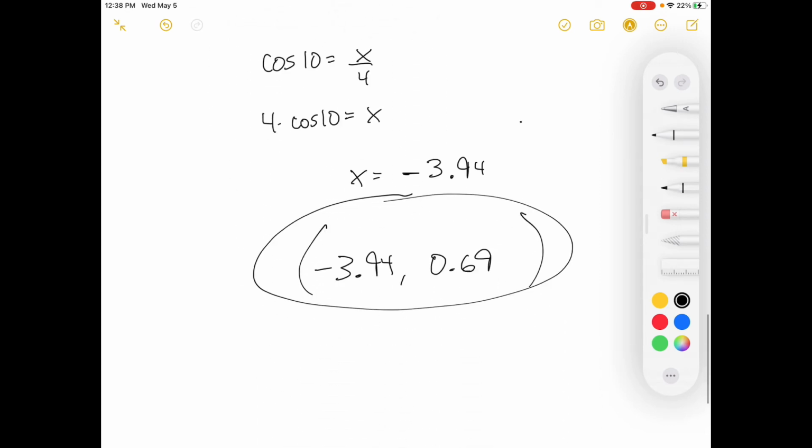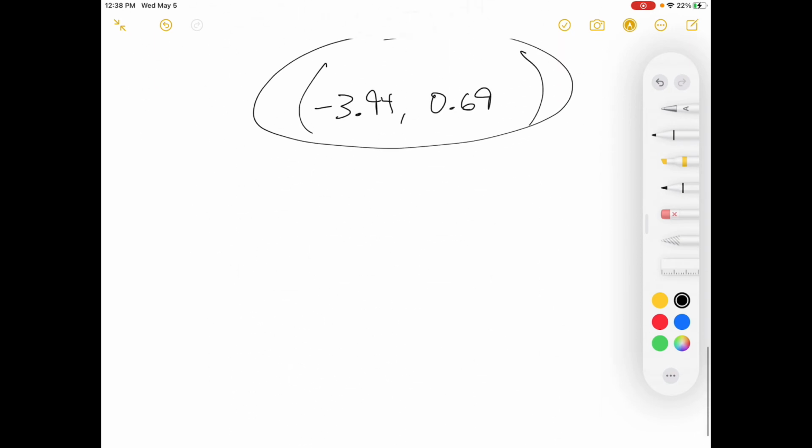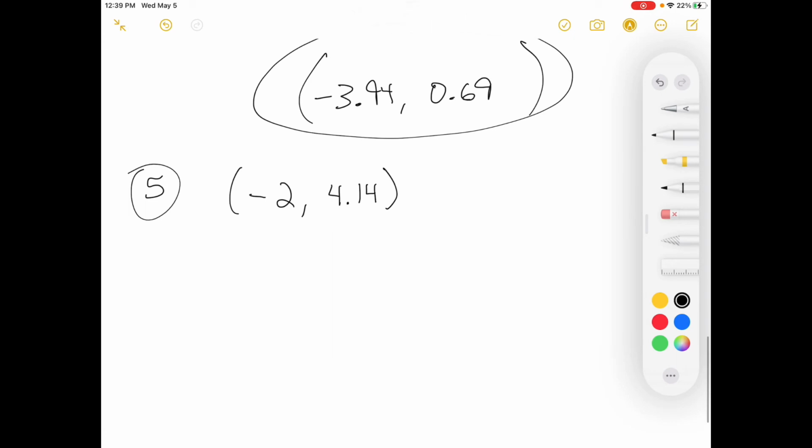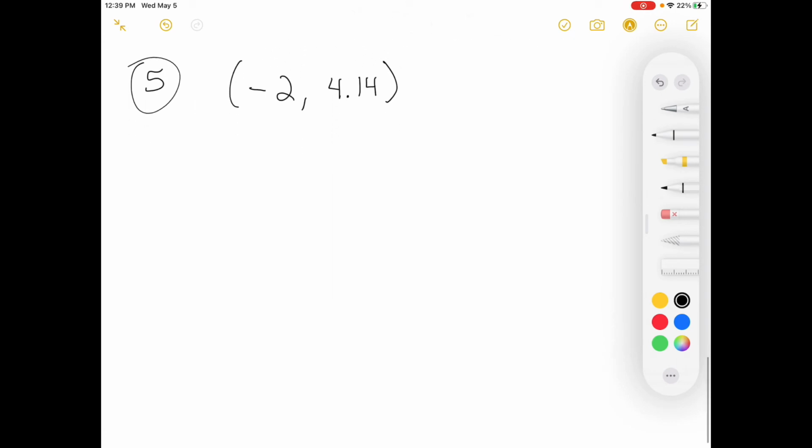Okay, let's do one more. That was number 4, so let's do number 5. Let's say my radius is negative 2 and positive 4.14. So 4.14 is a radian in decimal form.